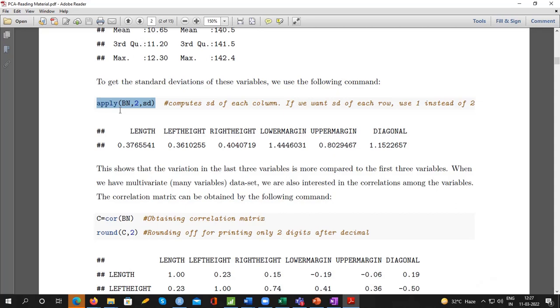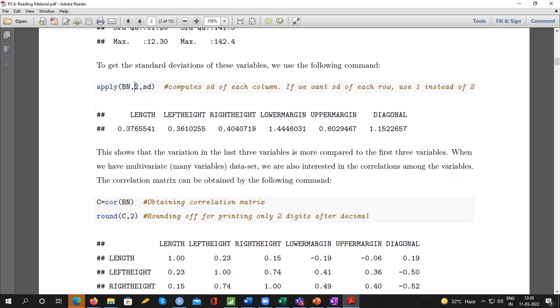I will say apply bn, where bn is the name of my data banknote, 2, SD. The 2 indicates that SD should be computed for each column of bn. If I wanted to compute standard deviation for each row, I would write apply bn, 1, SD. Instead of this 2, I would use 1 if I want to apply this function to every row.